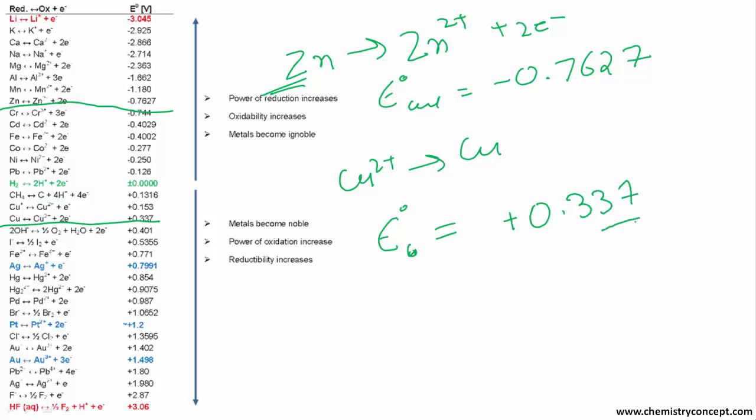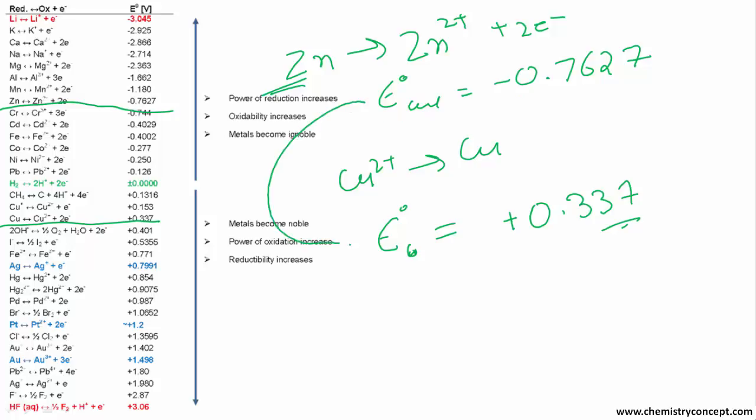For copper, the electrode potential is plus 0.337. Let me tell you one thing, these are all reduction values, and as per IUPAC we follow standard reduction values only. We always take standard reduction potential. If it is given as standard oxidation potential, first convert it into standard reduction potential by just changing the sign. If it is positive, it will become negative.